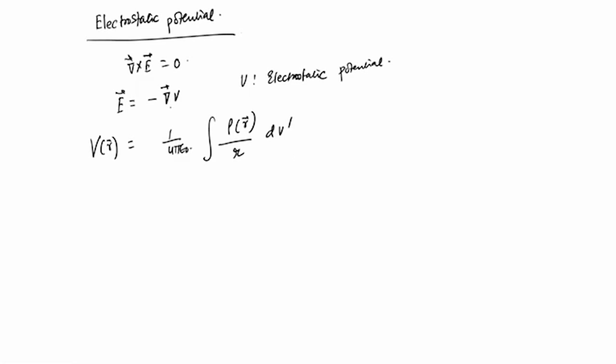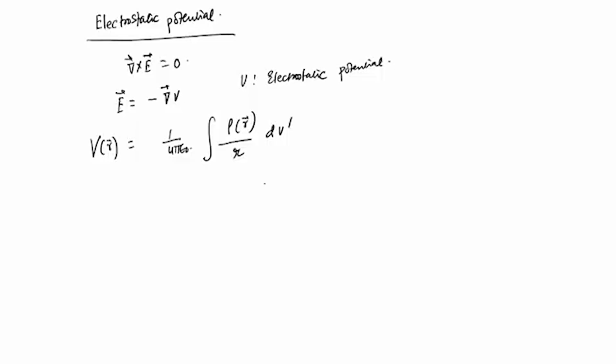So, I think it is clear because the gradient of a scalar function gives you the direction in which the function changes the fastest. The curl of that is equal to 0. So, these two equations are consistent, because if you put E equal to minus grad V, then the curl of a gradient always vanishes. That is why you can write this, and for a charge distribution it has this form.